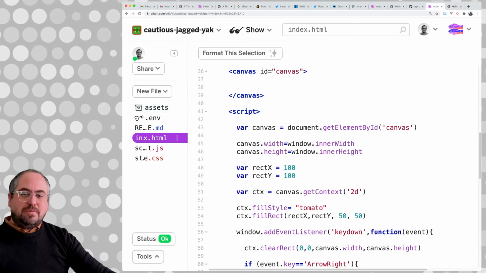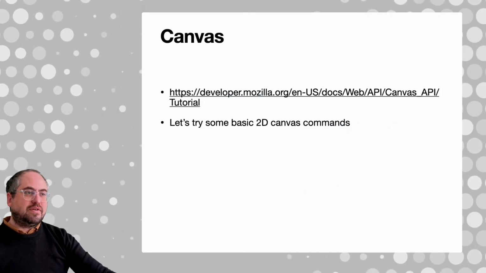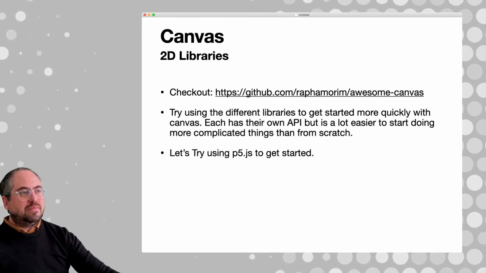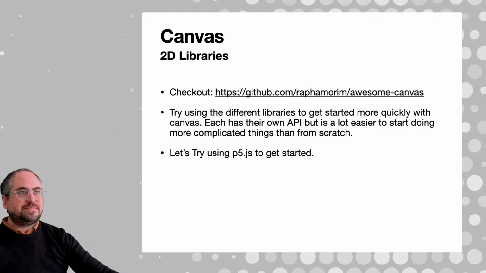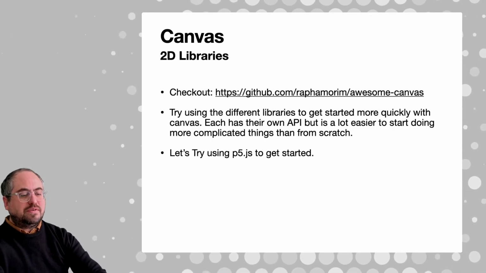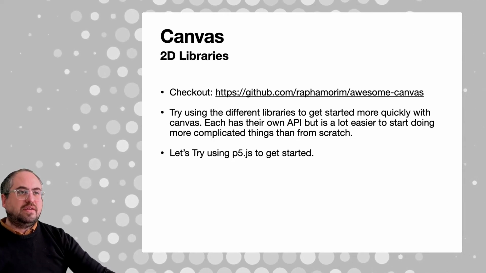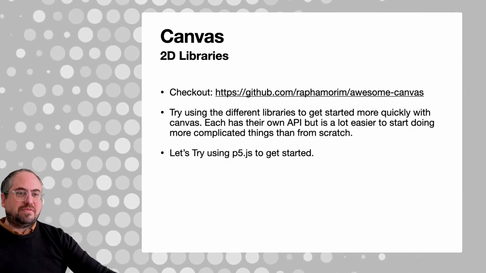And so there exist different libraries out there that let you get started much more quickly. For example, if you just Google awesome canvas GitHub, you find this page. It's basically an awesome list of resources for something.